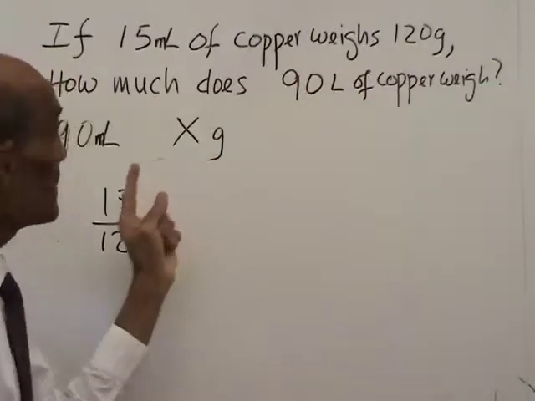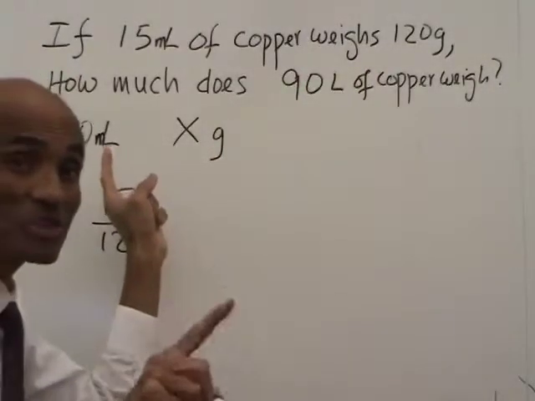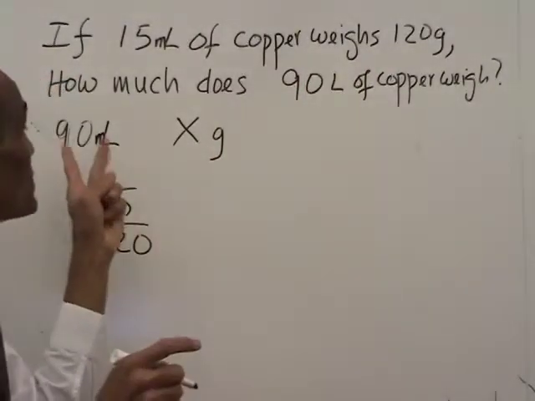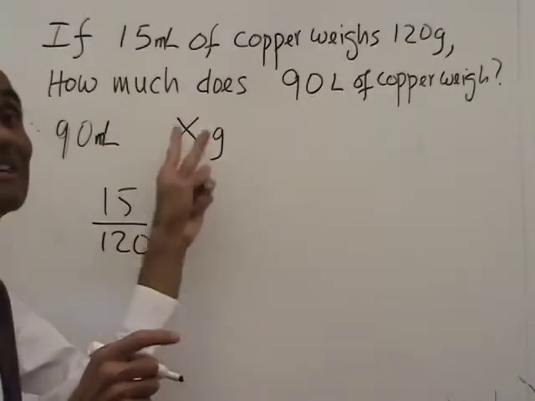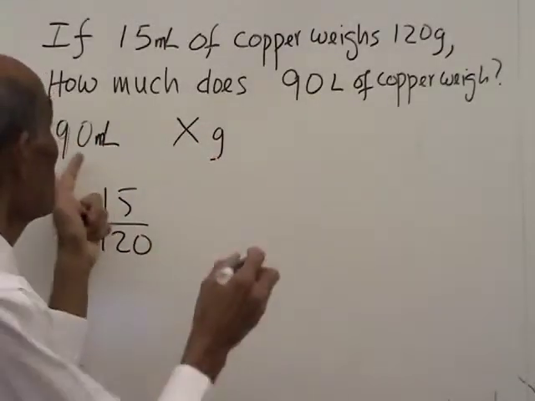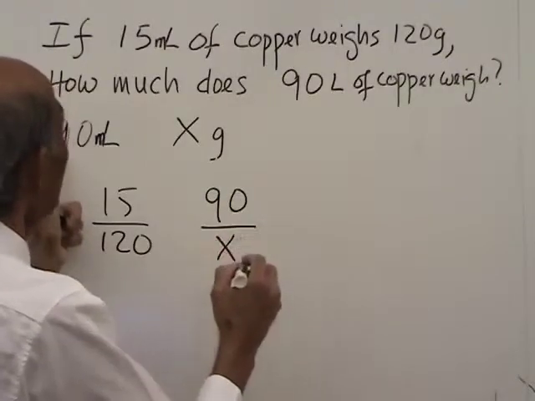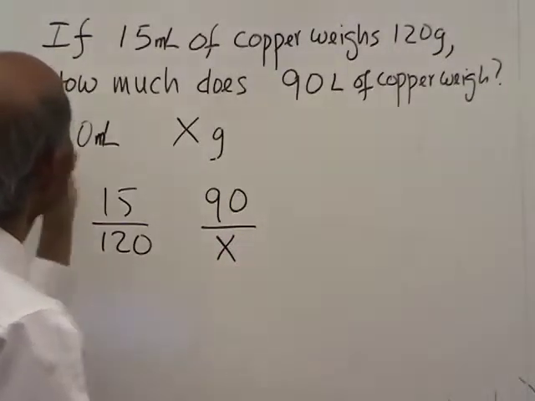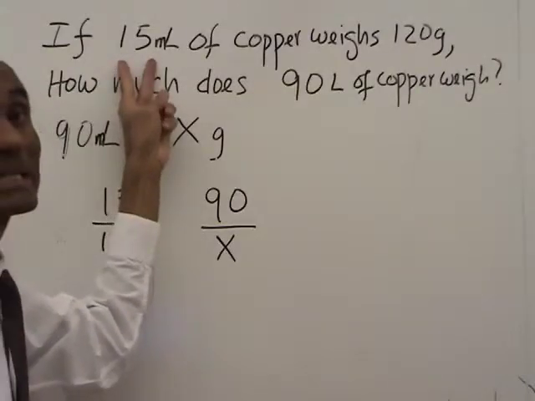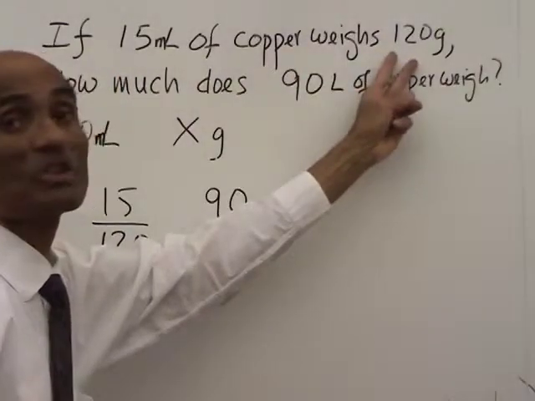Now, in the second case also you take the same ratio. Take the ratio of milliliter to gram. What would that be? That will be 90 divided by x. Is that right? 15 milliliters weighs 120 grams.